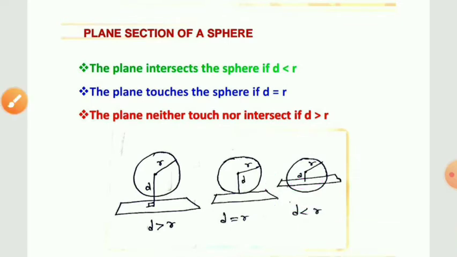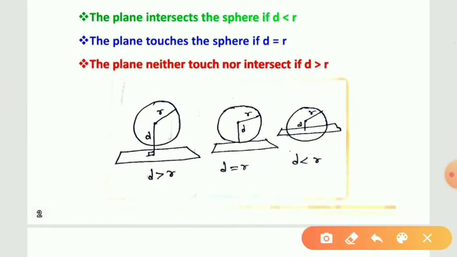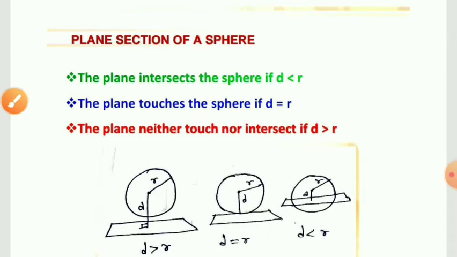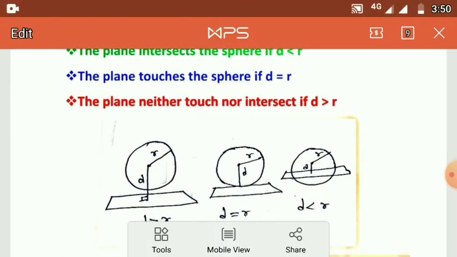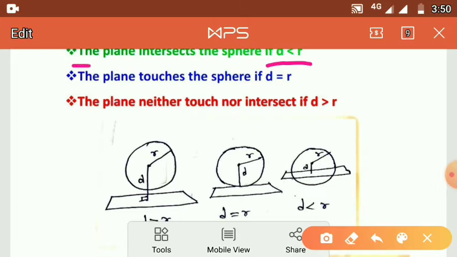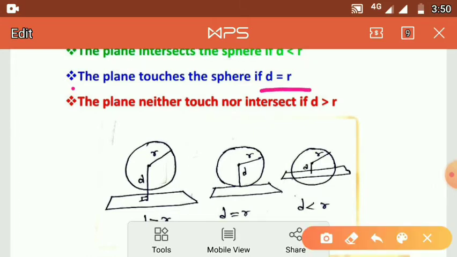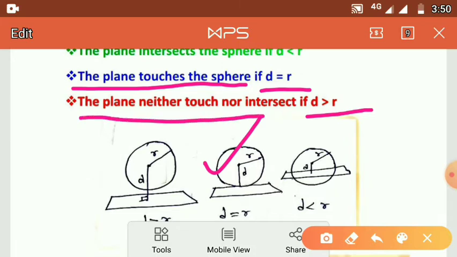The condition for that is D less than R, where D is the perpendicular distance from the center of the sphere to the plane, and R is the radius. If D is equal to R, the plane touches the sphere. Whenever D is greater than R, the plane neither touches nor intersects the sphere, as shown in this figure.